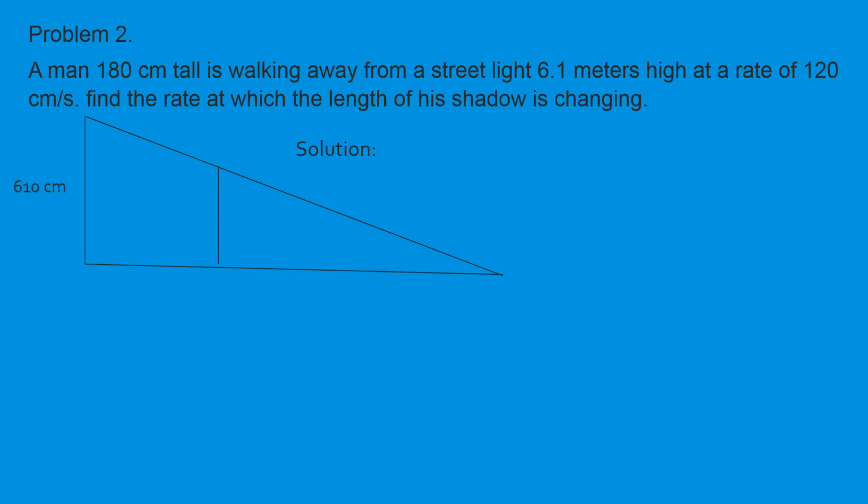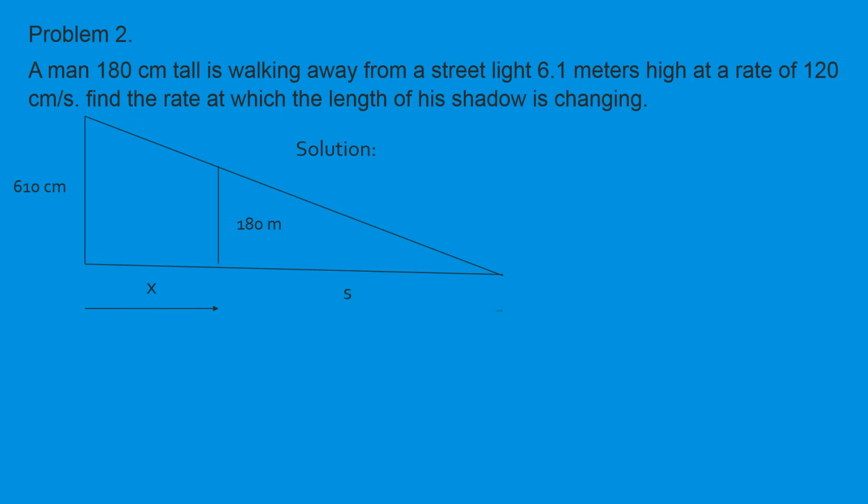So we have to convert also 6.1 meters into cm. We are just going to multiply that by 100, so 6.1 times 100 is 610 cm. Then we have 180 cm, that is not meters, that is cm. So we have here x, that is along the horizontal line.